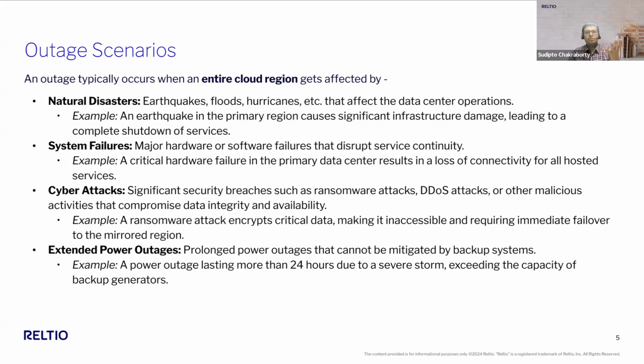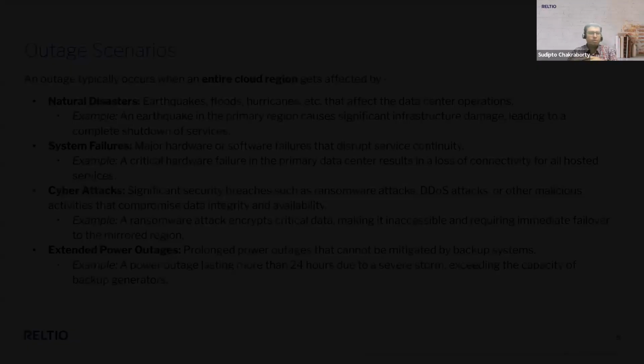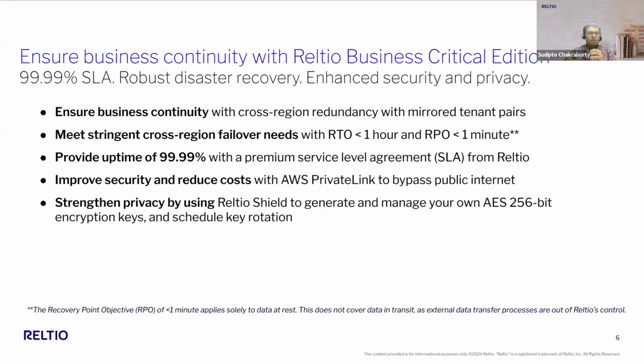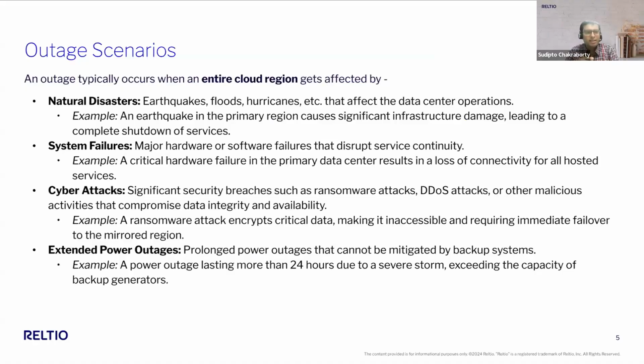Now it's very important to understand that outages usually aren't caused by trivial issues. They often stem from significant region-wide events. So let's walk through a few scenarios, examples, right? Some of this might sound familiar, and maybe you have personal experience.